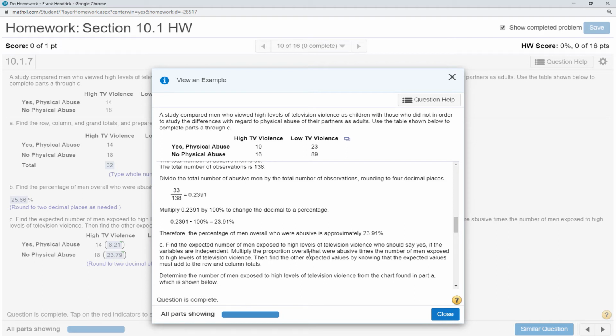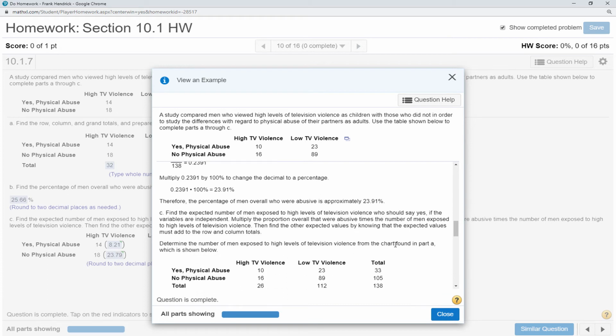Find the expected number of men exposed to high levels of television violence who would say yes if the variables are independent. Multiply the proportion overall who are abusive times the number of men exposed to high levels of violence.